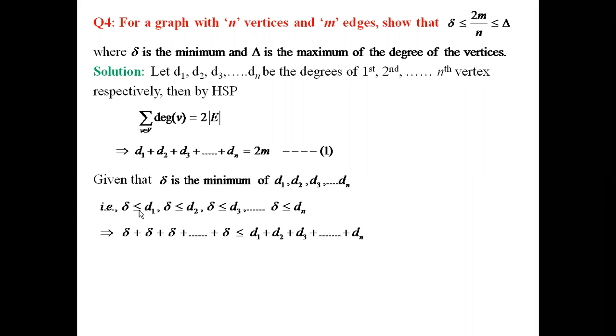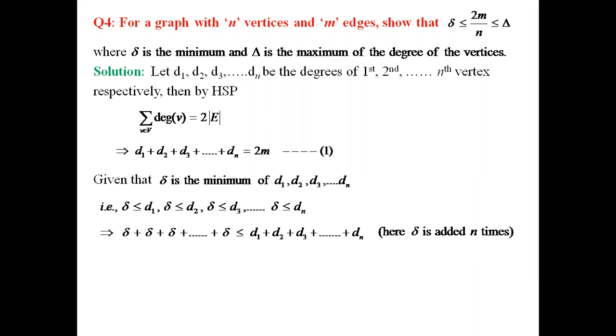Now we add up all the LHS and all the RHS parts. So we are adding deltas on the left hand side and we are adding the right hand side. This is all less than or equal to d1 plus d2 plus d3, etc. up to dn. Here we are adding delta n times.